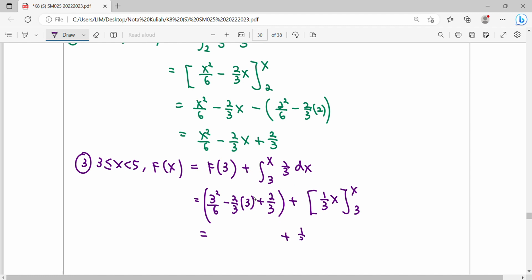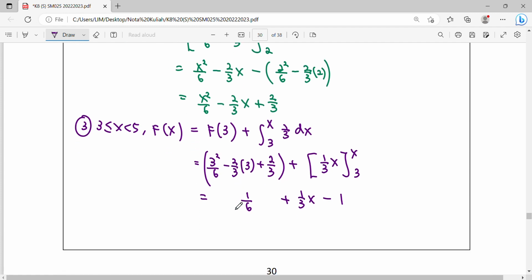Here will be 1/3x minus lower limit 1. Is it this one, 1/x? Is it this one, 1/6? So we'll simplify. Correct?